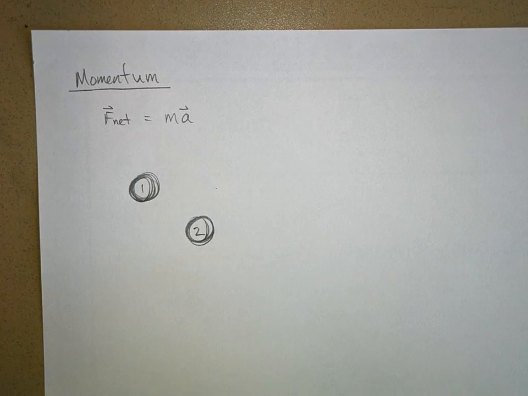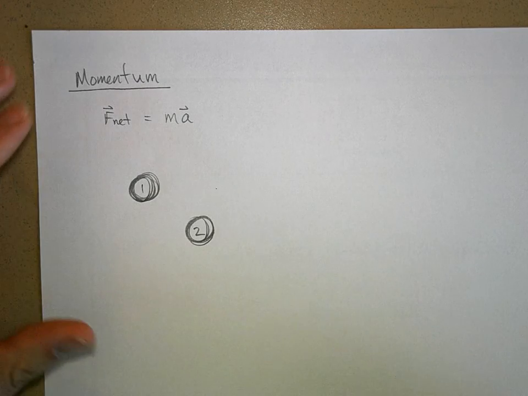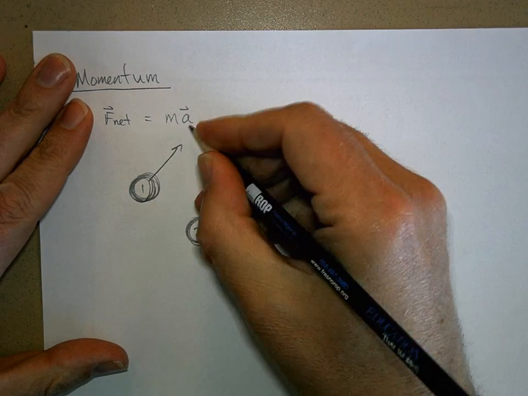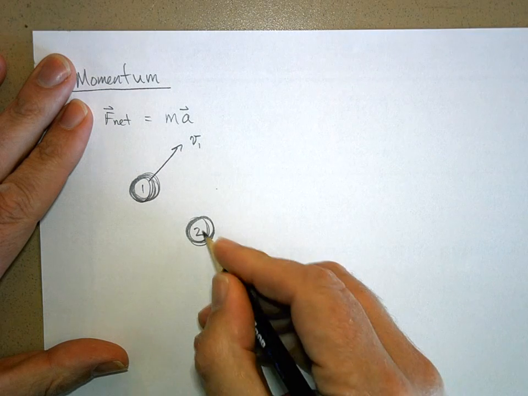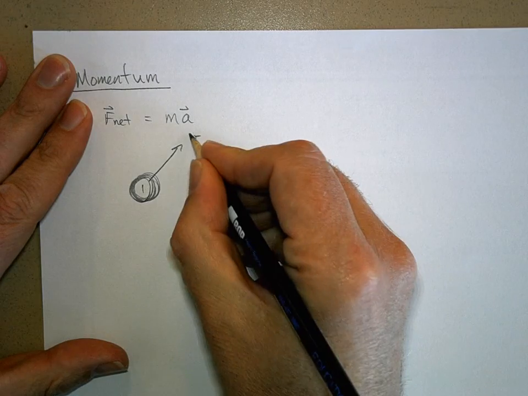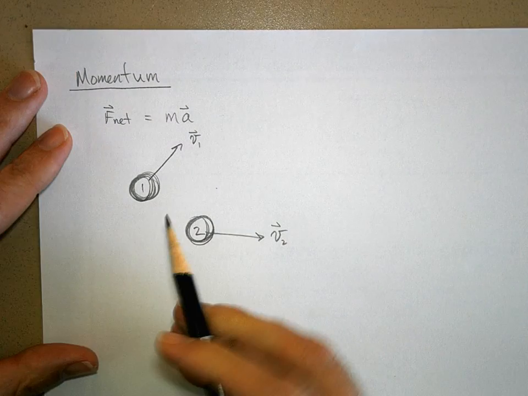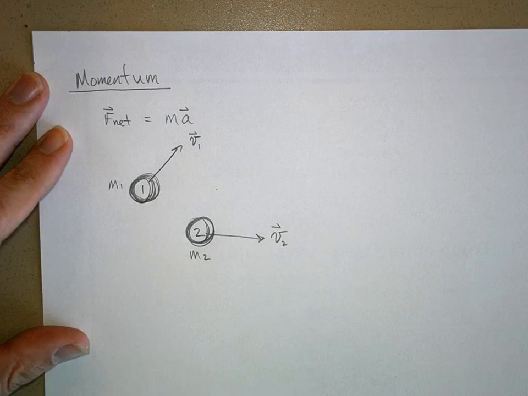Let's just suppose these are stars or something, and they're applying a force to each other. There's an interaction between the two of them. Maybe this one is moving this way. Here's V1, and this one is moving off in this direction. Here's V2. So there are my velocity vectors, and this has a certain mass m1 and this a certain mass m2.